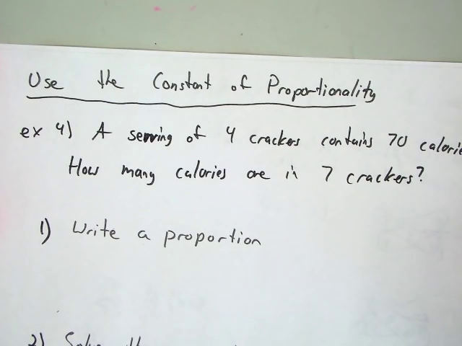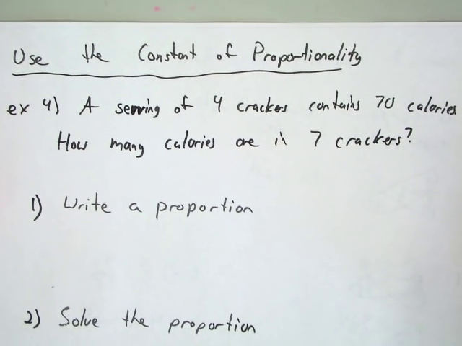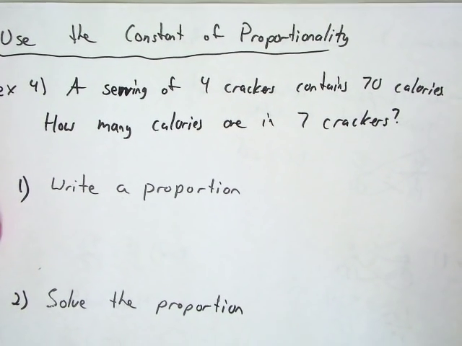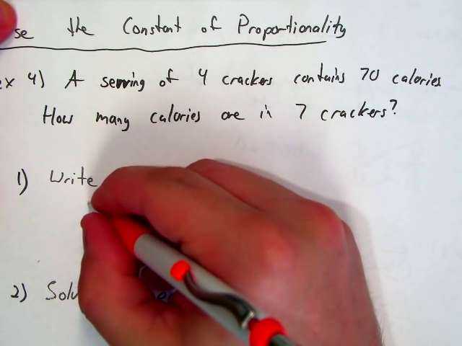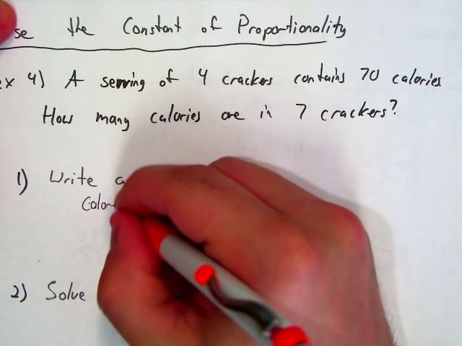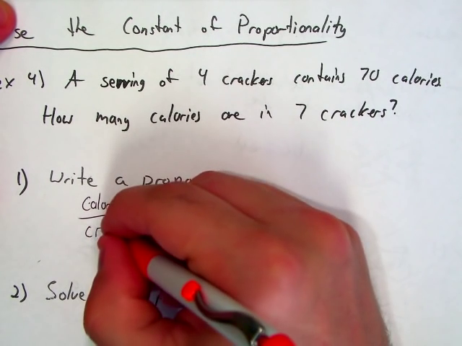Now, we can also use the constant of proportionality. Remember, the constant of proportionality deals with the simplified ratio all the way down to a unit rate. So keep that in mind. So it says a serving of 4 crackers contains 70 calories. How many calories are in 7 crackers? First of all, I want to look at how many calories per cracker.